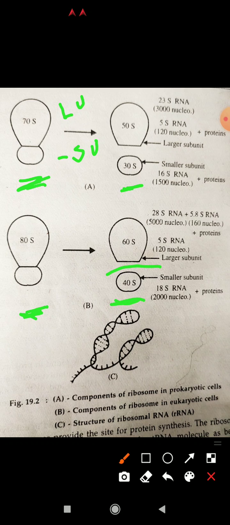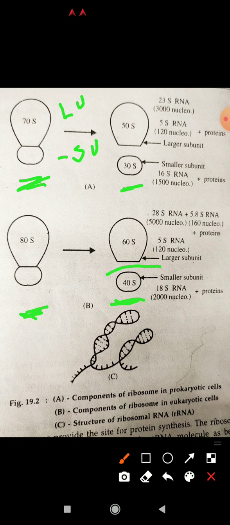And then we will see some details related to the structure of the ribosome. They are ultramicroscopic. What does it mean? They cannot be seen with naked eyes. Only under an electron microscope can we observe them.